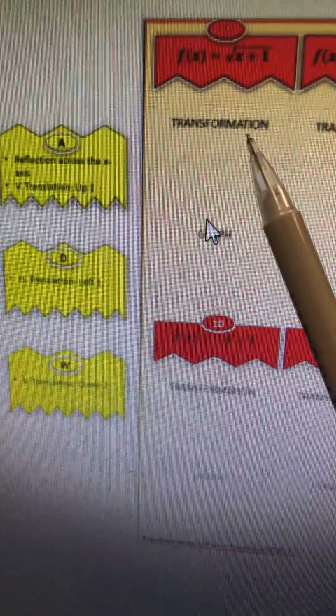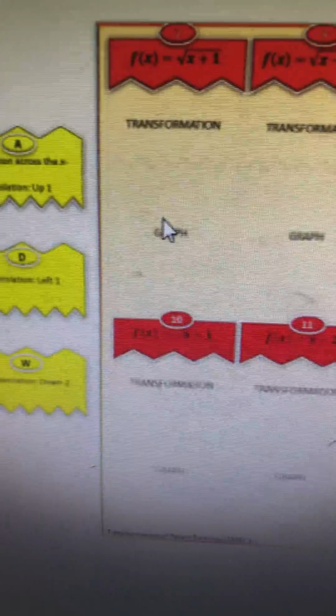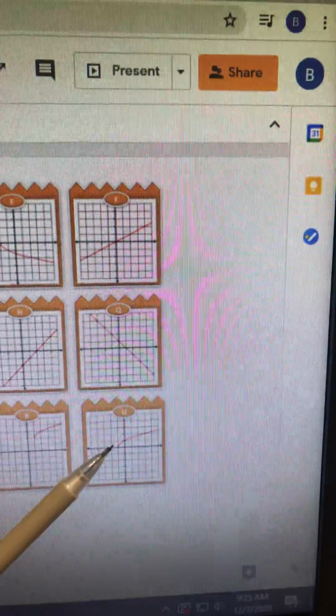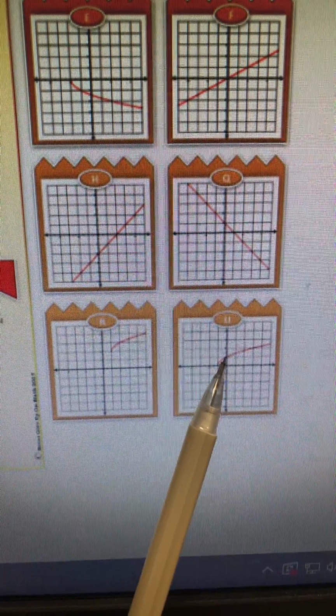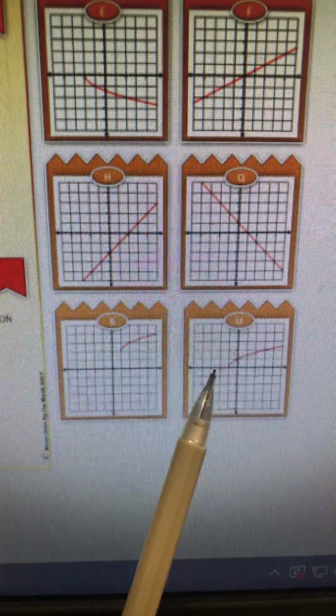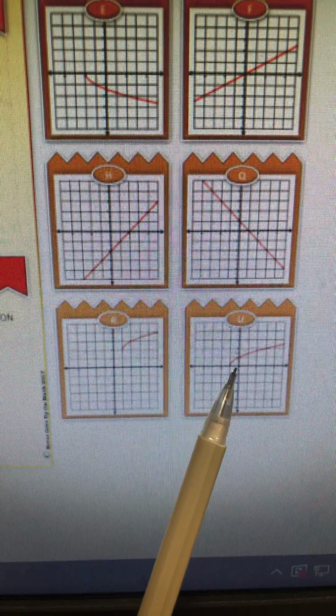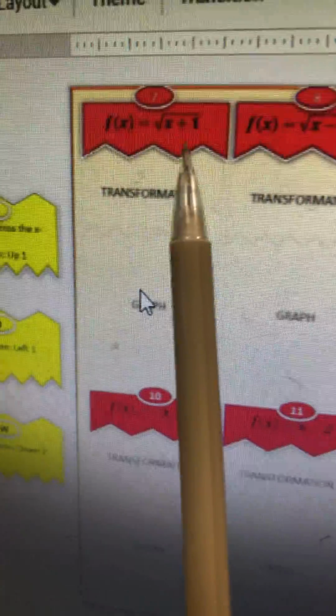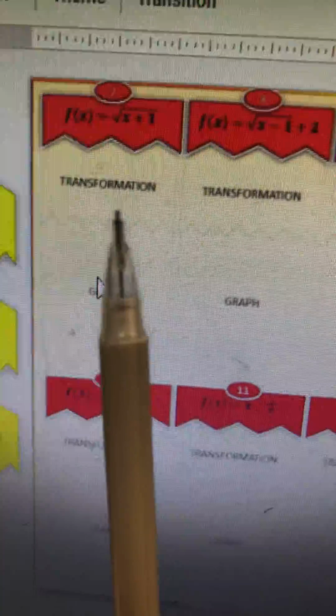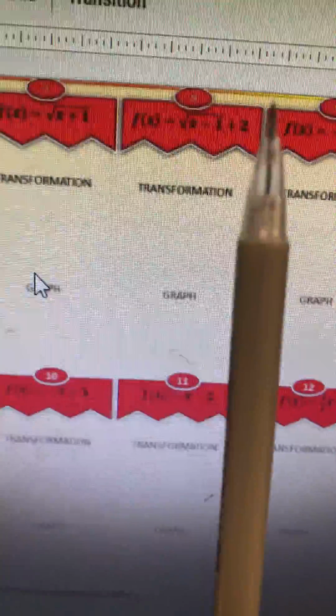And then the graph of that one, remember the square root graphs are all like these weird swoosh marks. So 7 in particular is this one here. Okay? Because it moved left 1. Remember, it starts at the origin and moves left 1 because it's a plus 1. Remember all of those transformation notes from last week.